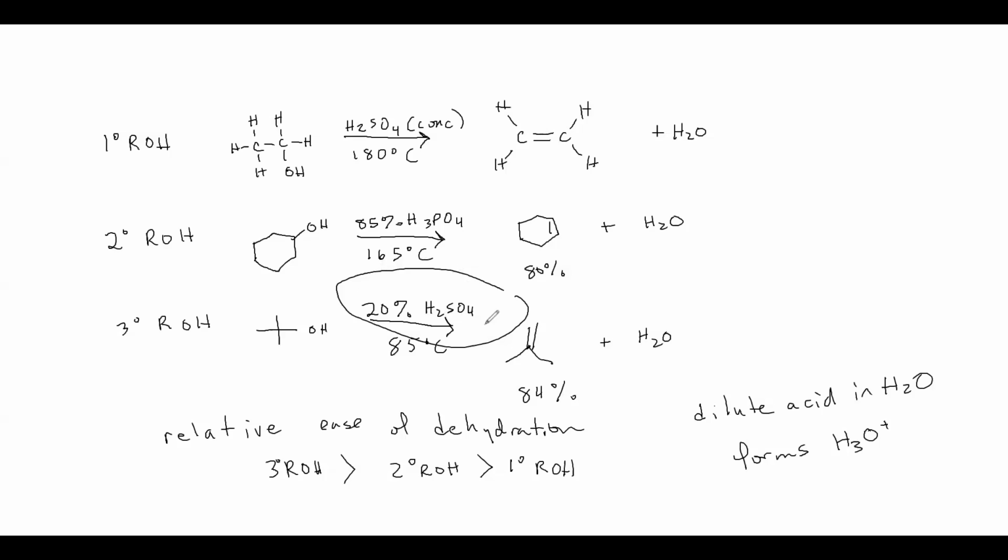So really the reactive species we would be talking about in this case for our mechanism is hydronium. It's not the sulfuric acid. Because as soon as you put sulfuric acid in water, it's a strong acid. It completely gives up its proton to the water to form hydronium.